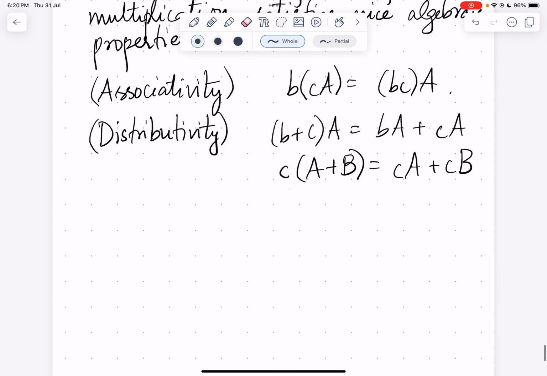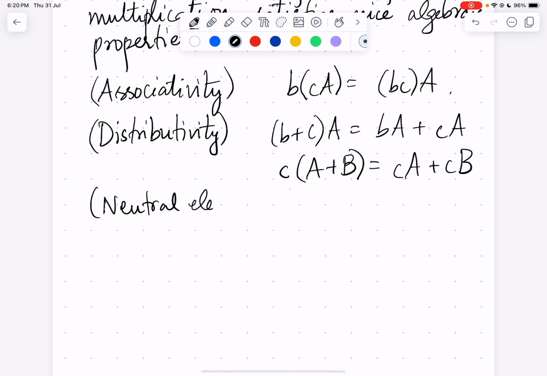So you have some form of distributivity and you have a neutral element, something that doesn't change points. It's not really a neutral element in the usual sense, so I'll just say a neutral scalar. There's a neutral scalar 1.